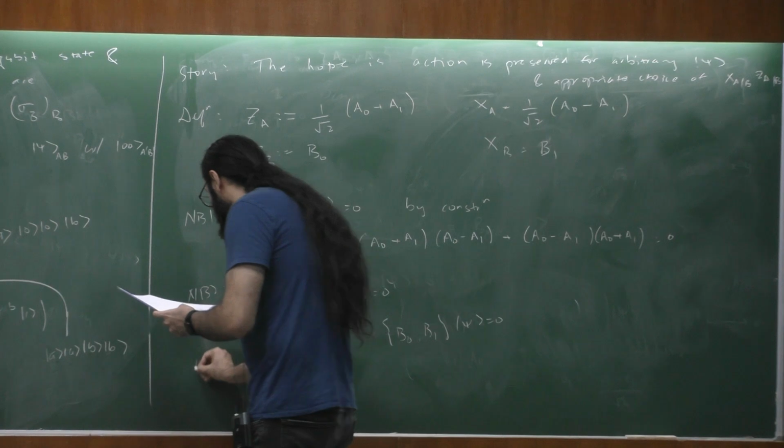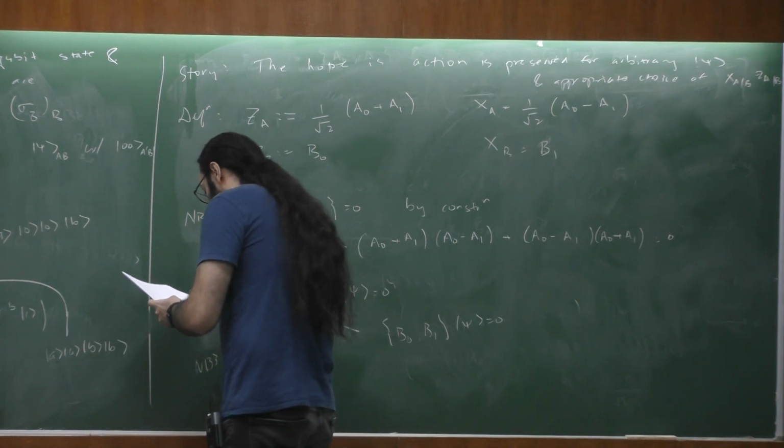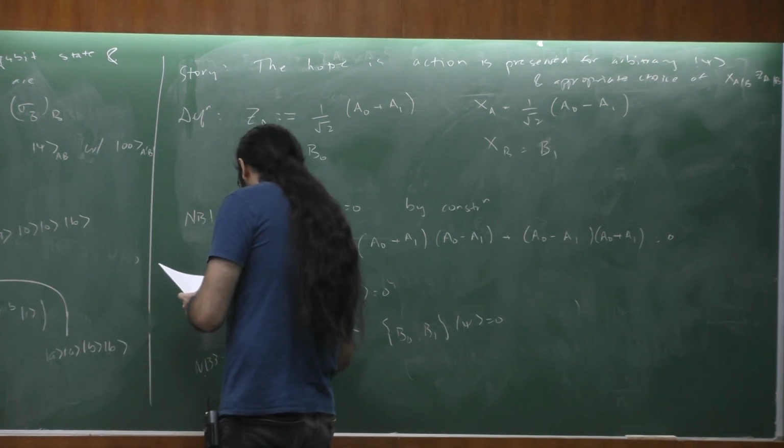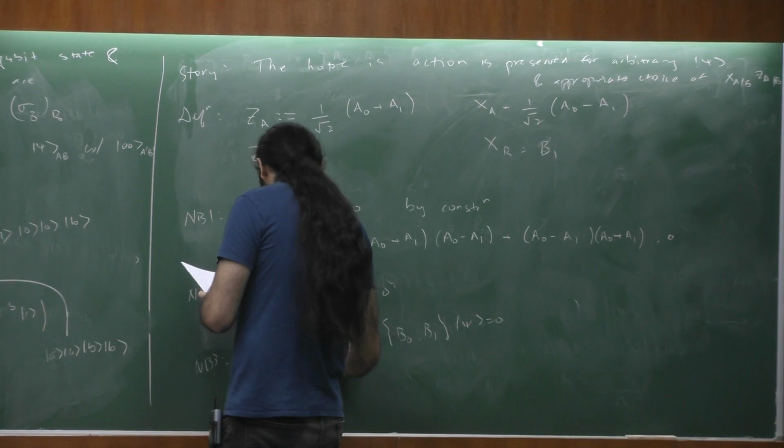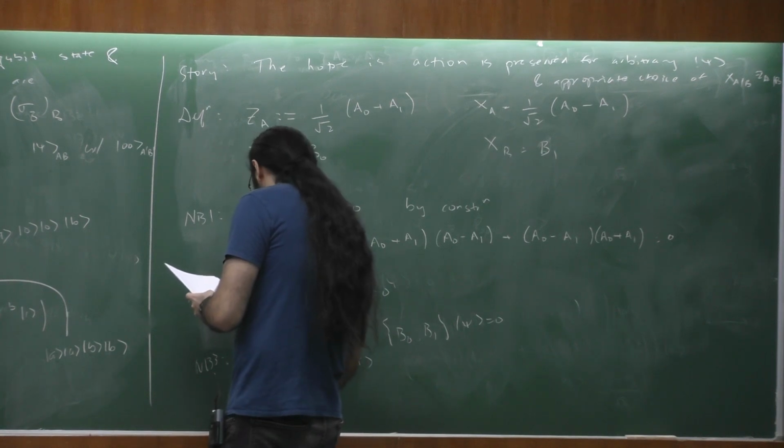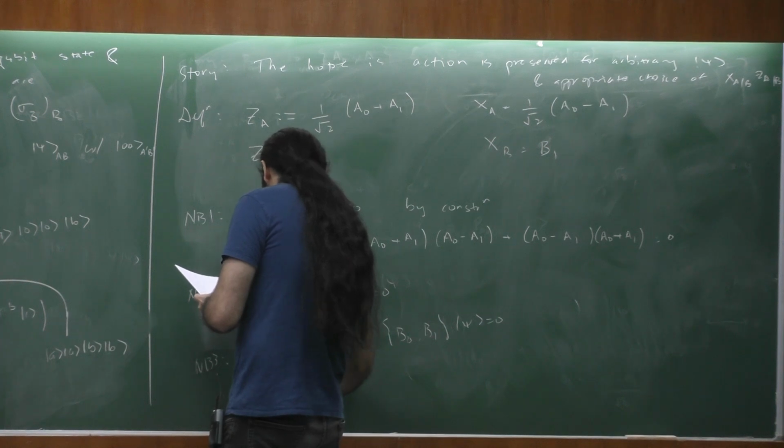Okay, and the final note is that ZA acting on psi is ZB on psi, and XA on psi is XB on psi.